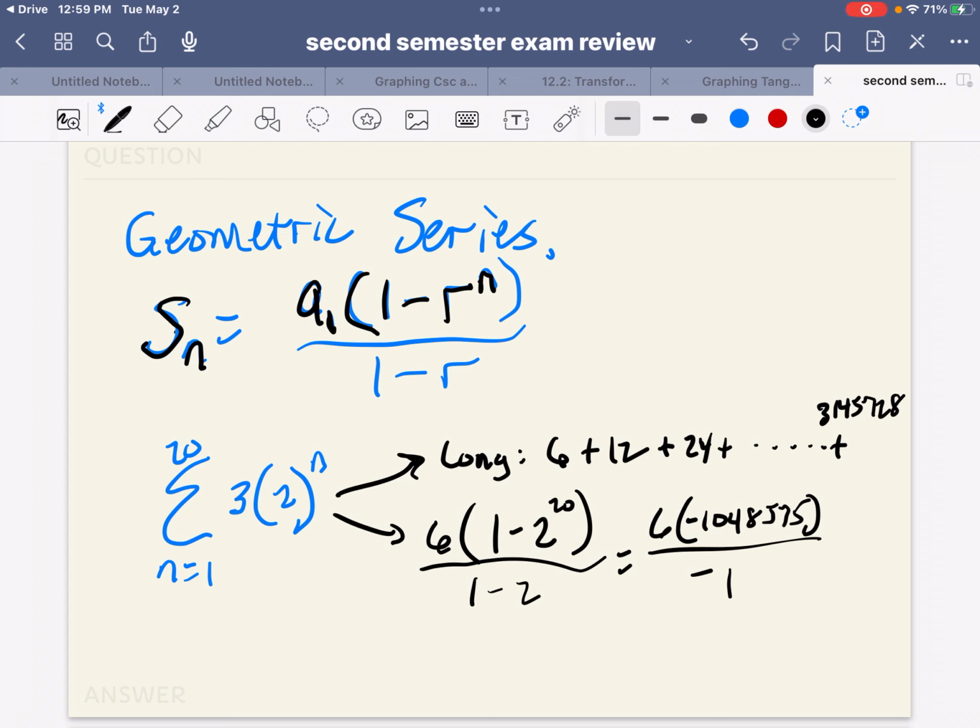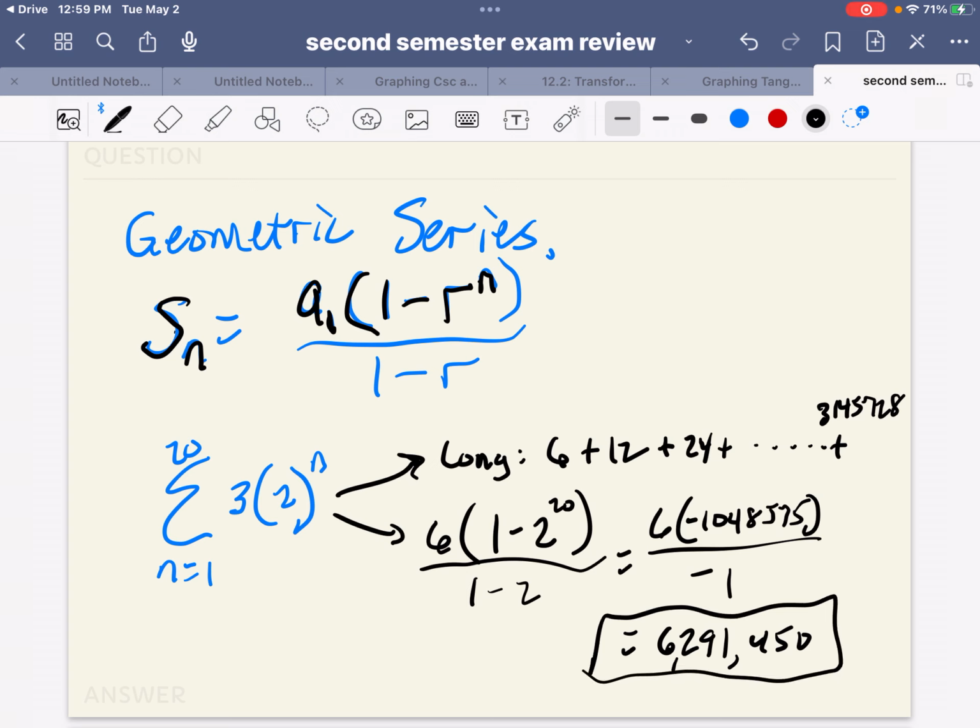So if I multiply that by 6 and divide that by -1, my answer is 6,291,450, the sum of the first 20 terms.